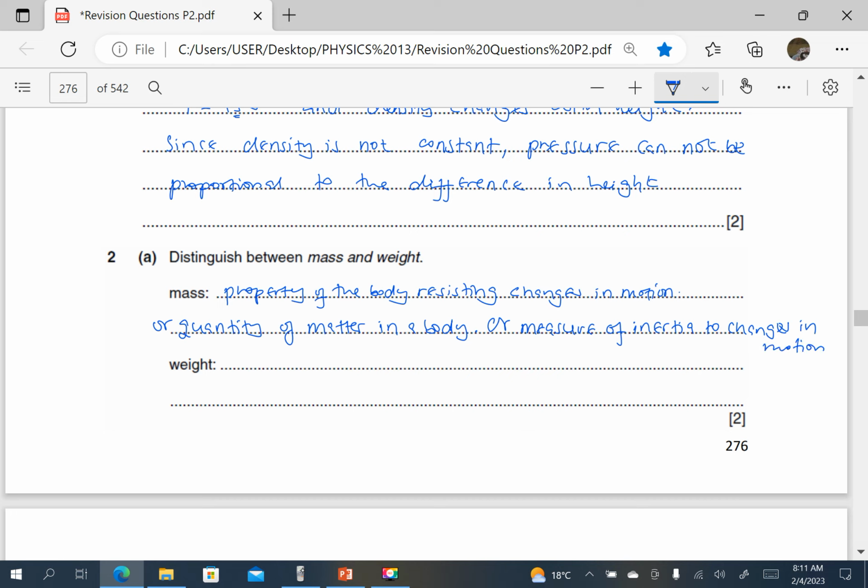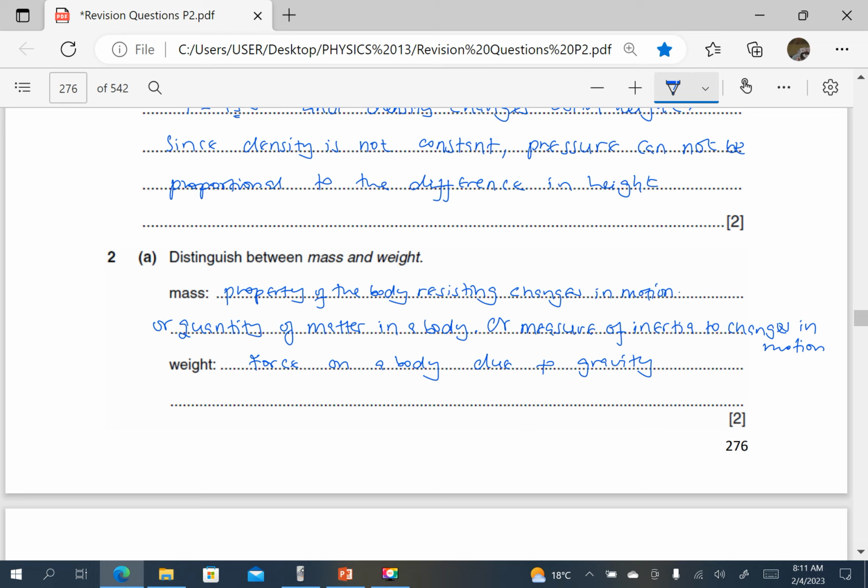Then weight, of course, weight is the force due to gravity. This one is the force on a body due to gravity. The force on a body due to gravity, that is the weight.